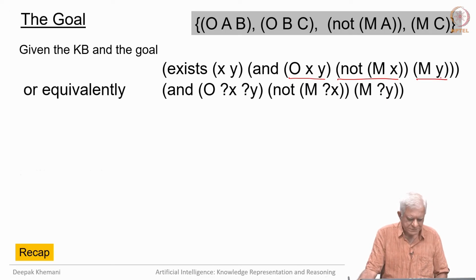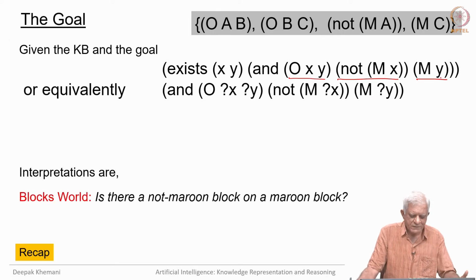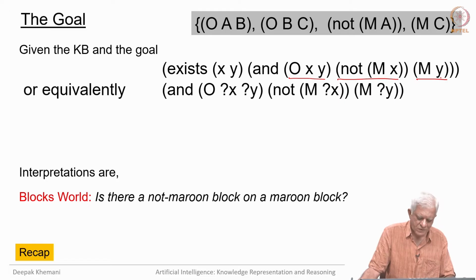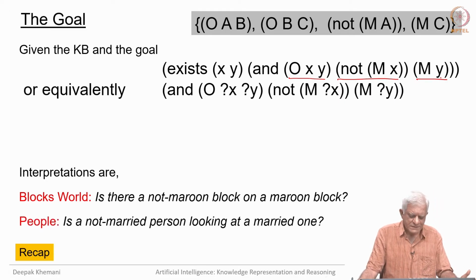In the interpretations that we saw, in one world we are asking, is there a non-maroon block on a maroon block? Remember, the middle block we did not know whether it was maroon or not. And in the people's world we said, is a non-married person looking at a married one? Again, we did not know about one of them, whether that person was married or not.